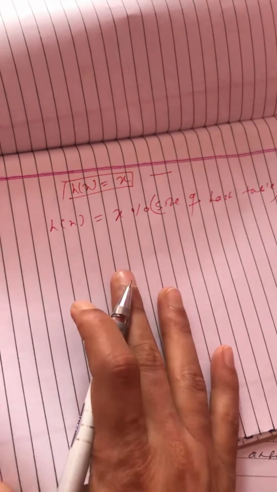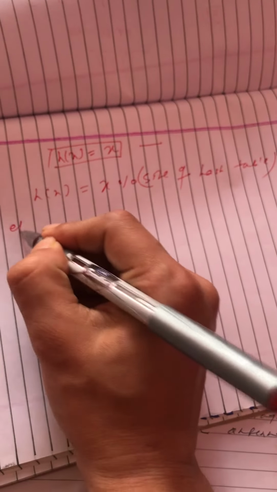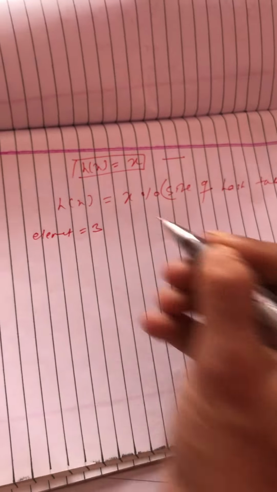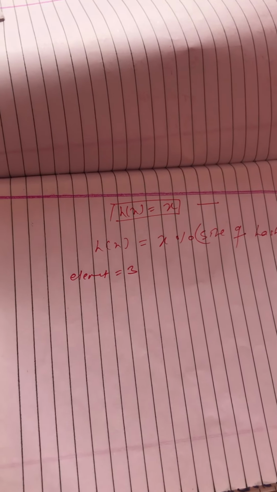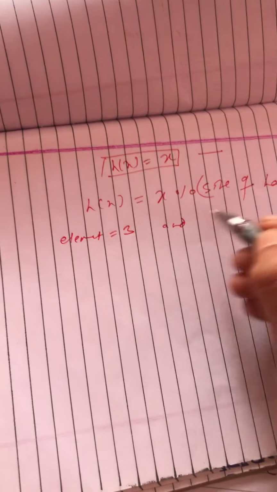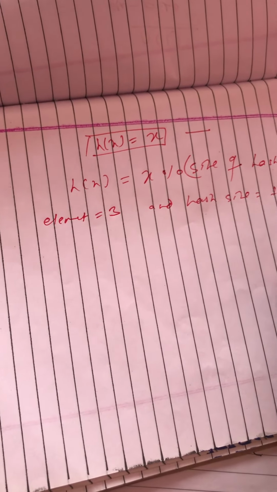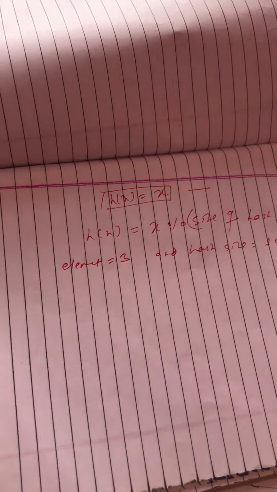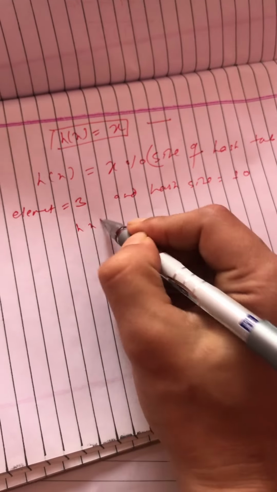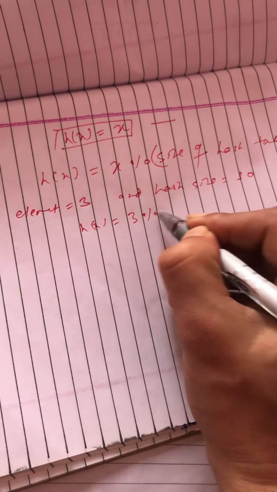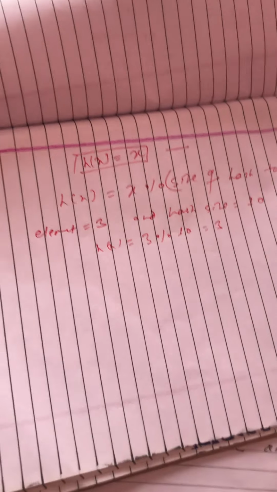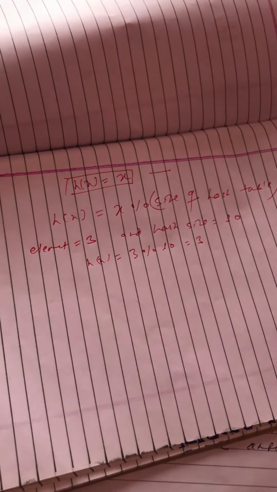Let us take some examples. If the element equals 3 and the hash table size is 10, then h(x) will be 3 mod 10 = 3, so it will be stored in index 3.